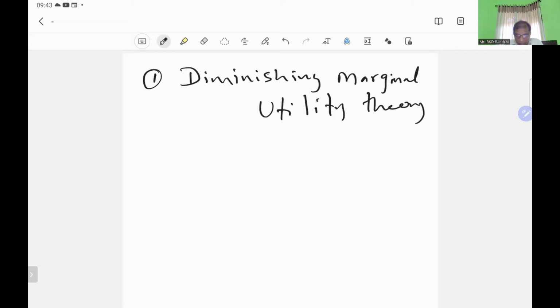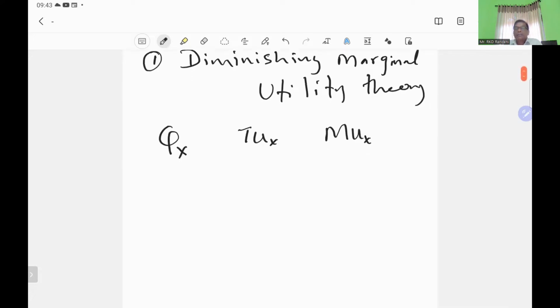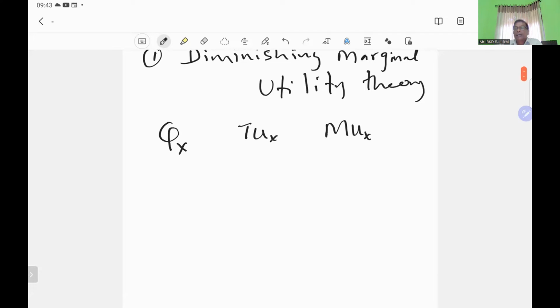Now, assume that we are going to purchase commodity X. Now, total utility of X, and marginal utility of X. Two concepts we already discussed. See the PowerPoint.